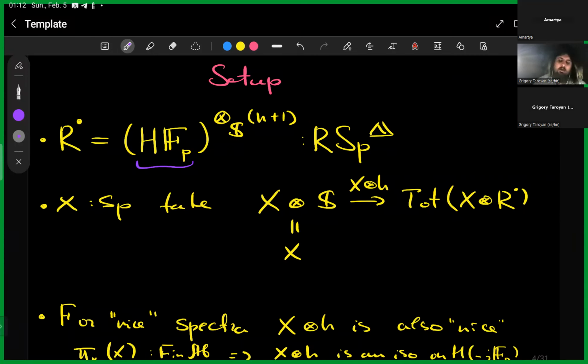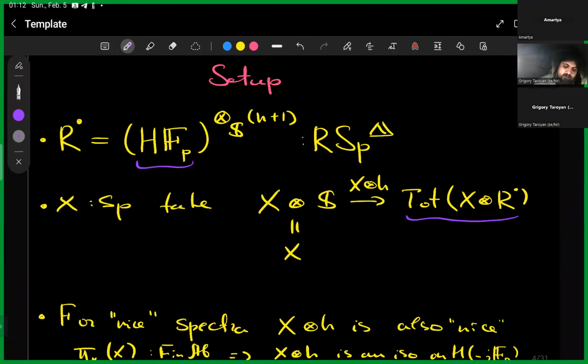So the homology of the spectrum on the left is isomorphic to the homology of the spectrum on the right with F_p coefficients. And additionally, this thing here is a p-completion, in the sense of Bousfield localization, for example.